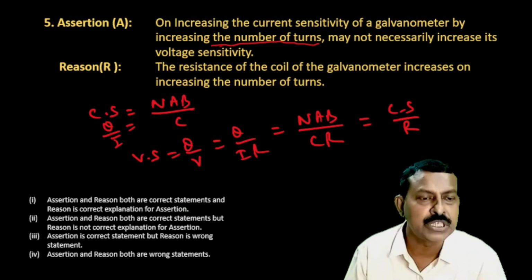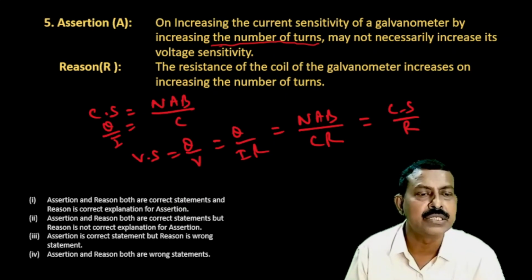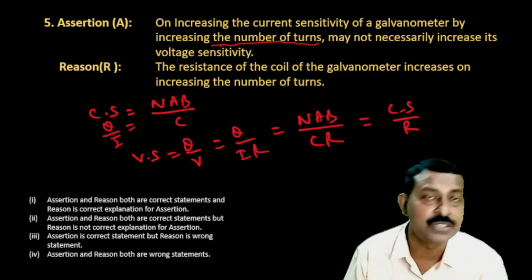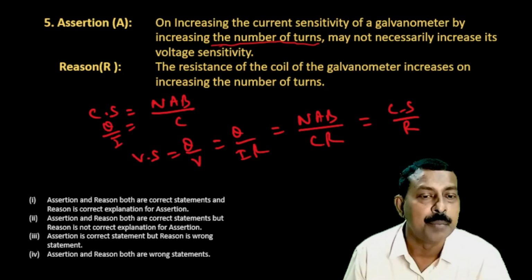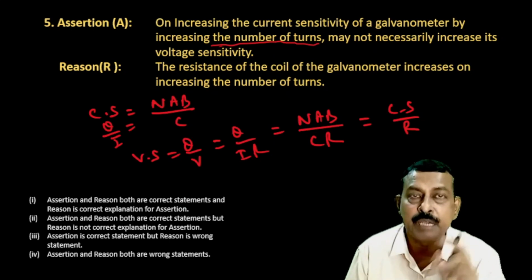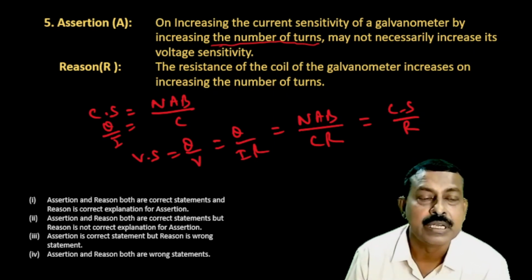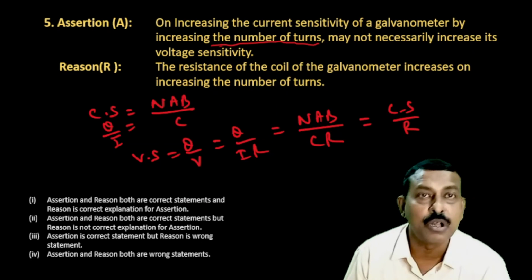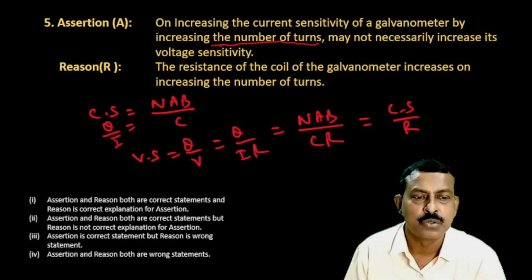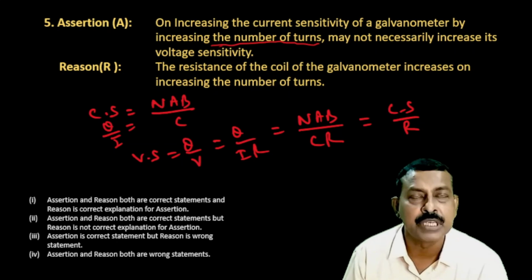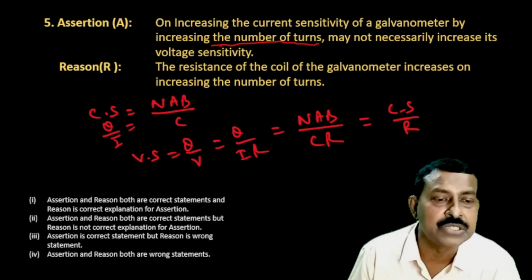But what will happen to the voltage sensitivity? Because if you just see in this way, it is a current sensitivity by R. If current sensitivity is increasing, then voltage sensitivity should also increase. But there the number of turns has been increased. If you are increasing number of turns, then the resistance of the coil of the galvanometer will also increase. So current sensitivity will increase depending upon by which factor the number of turns has been increased.